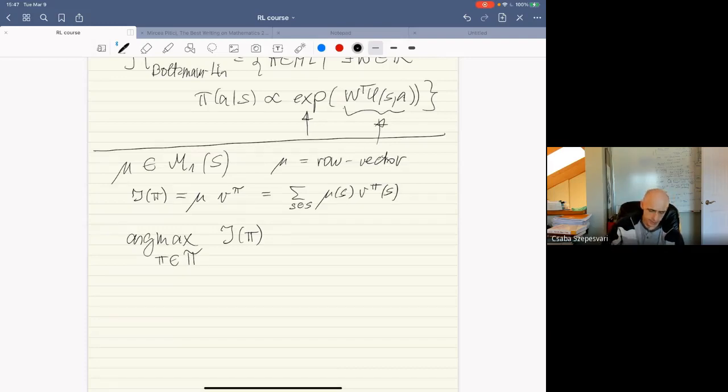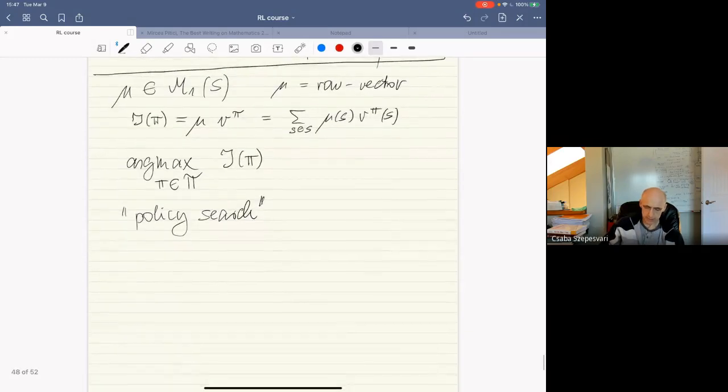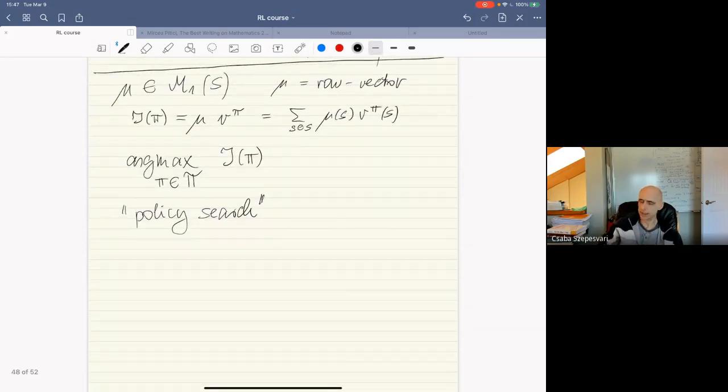So this is the question of policy search. And this is the first question to ask: can we efficiently do this? You have access to a simulator or the MDP or whatnot. You just want to do this. What do you think?